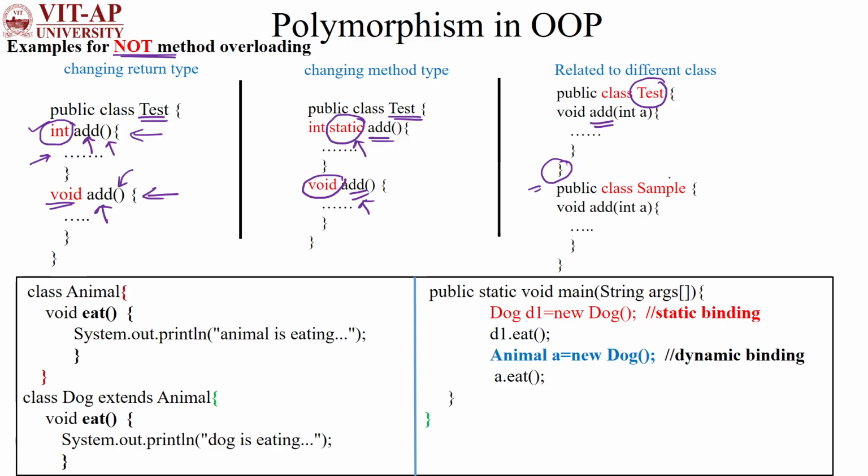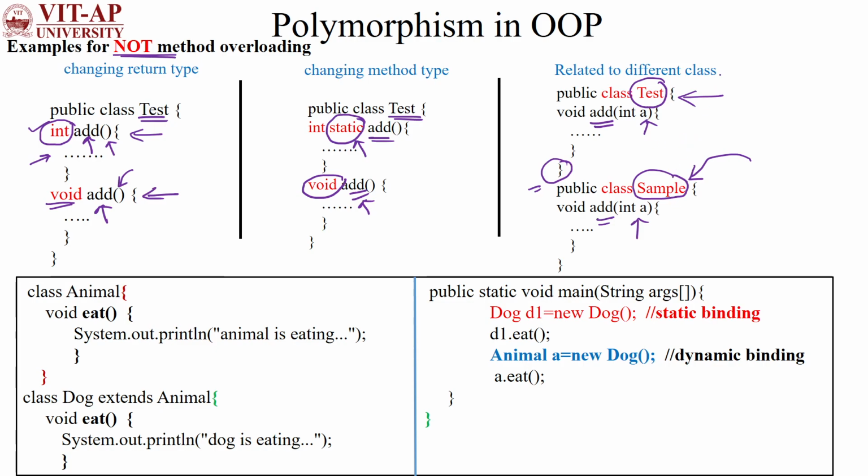Like that, a second class is defined. Again we have add with integer a, and here also integer a, but both methods are in different classes, so they are not similar to each other. Since both methods are defined in different classes, this is not an example of polymorphism.